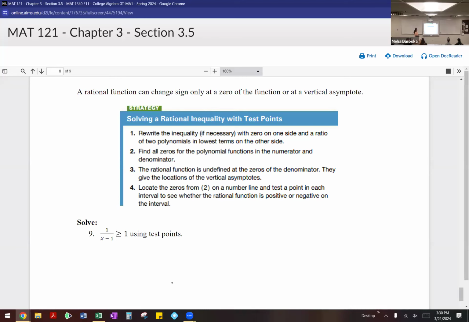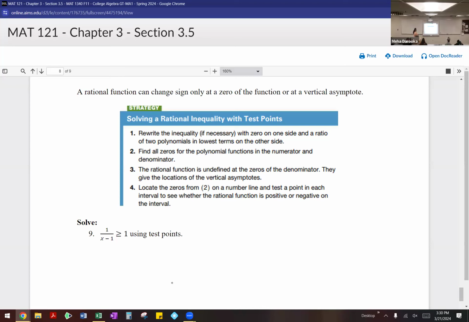It's going to be at the zero of the polynomial or at the vertical asymptote. So the steps for the test point method: bring zero to one side, put your inequality on the other side, with the ratio of two polynomials in lowest terms on one side. Find all the zeros for your polynomials, including the numerator and denominator, so you set each equal to zero and find out what those numbers are.